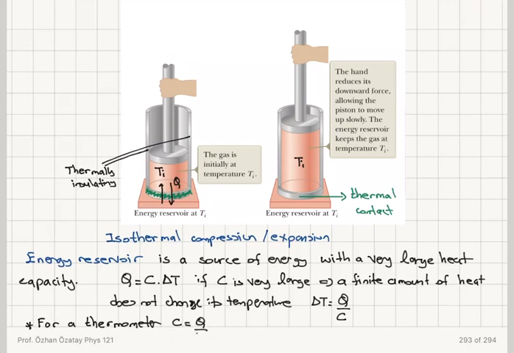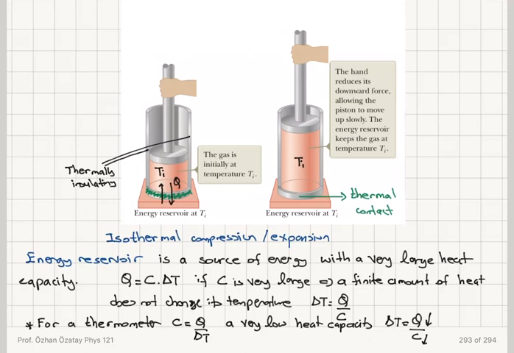C is equal to Q over delta T, and I want a very low heat capacity, so that the change in temperature delta T will require a very small heat. So that means a thermometer will not disturb the system whose temperature we're trying to measure.